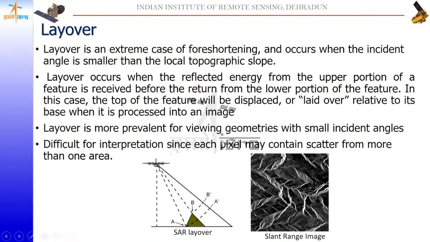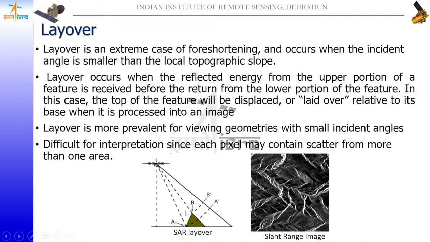The second is layover. Layover is the extreme case of foreshortening and occurs when the incident angle is smaller than the local slope. When SAR is acquiring this, you can see that because SAR is a ranging device, in this case the B range is lesser and the A range is larger. If this is a mountain, the B point will be imaged first, because it has the shorter range.